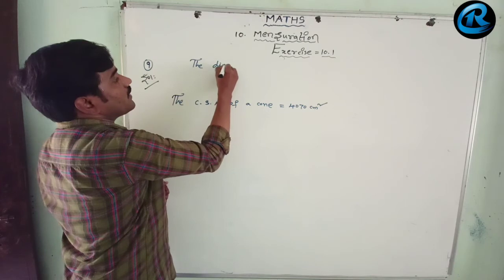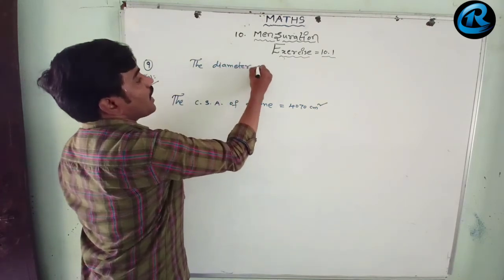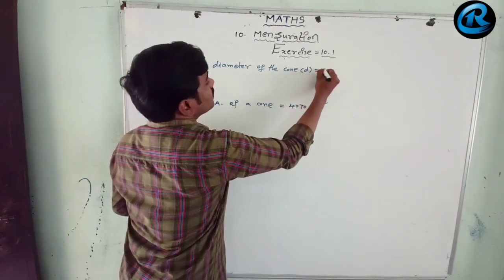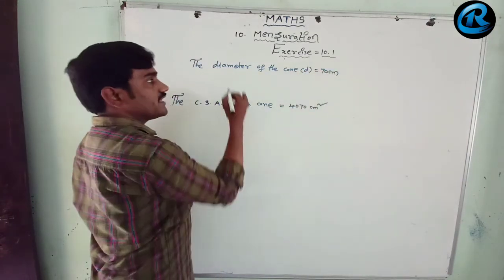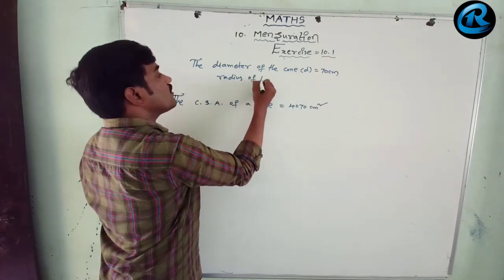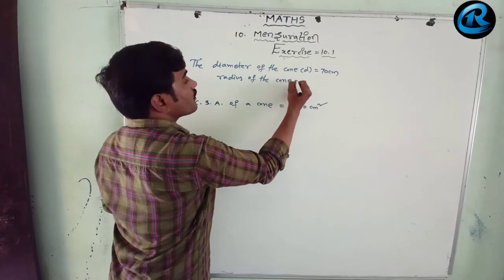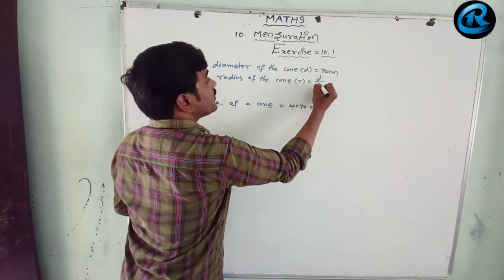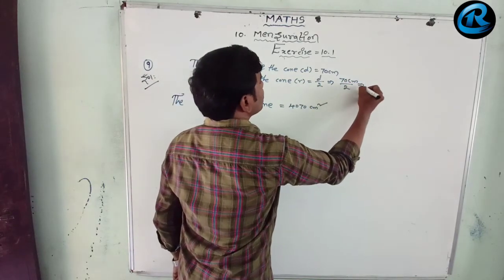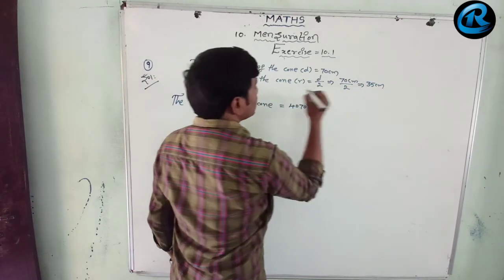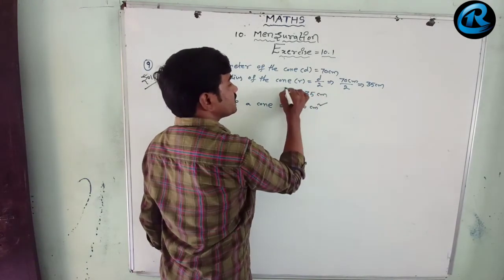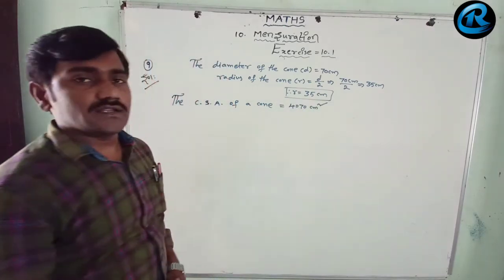The diameter of the cone, D equal to 70 centimeters, but we need a radius, no? Then the radius of the cone, R equal to D by 2, that is 70 centimeters by 2, equal to 35 centimeters. Therefore R equal to 35 centimeters. So we got the R value also.